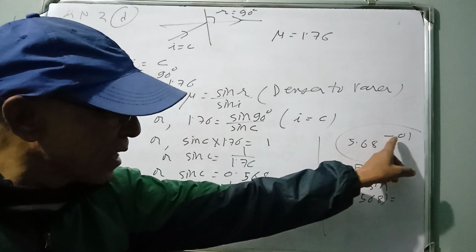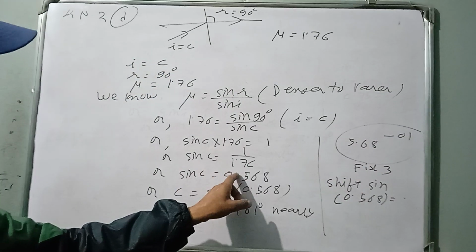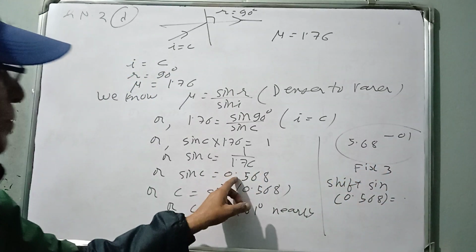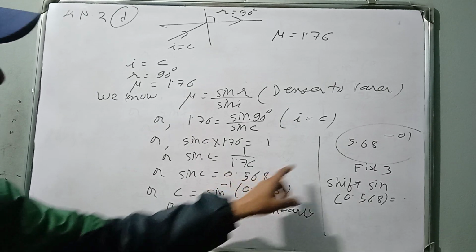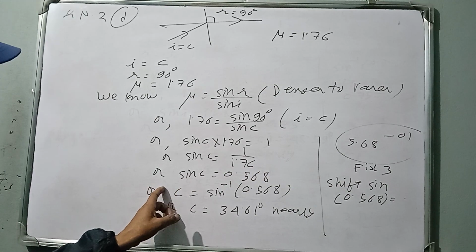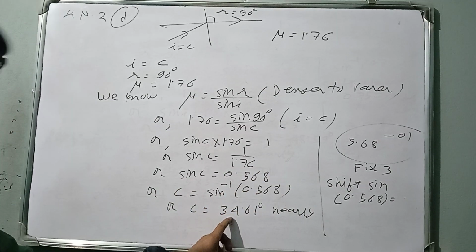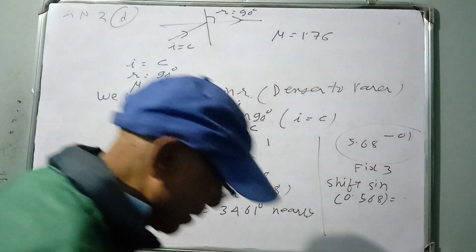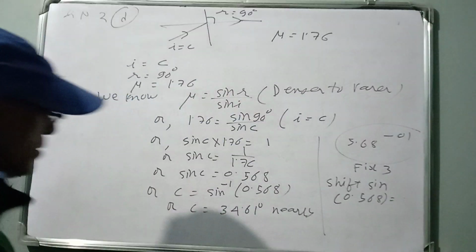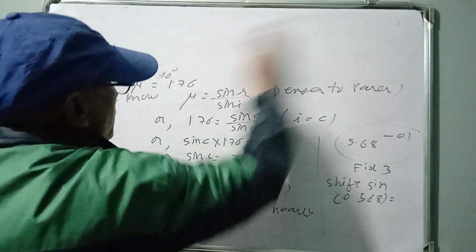Calculator 5.68 minus 1. It means fix 3. Do fix 3, it is 0.568. It is not 5.68, it is 0.568. C equals sin inverse 0.568, 34.61 degrees nearly. This is the angle of incidence, that is the critical angle.